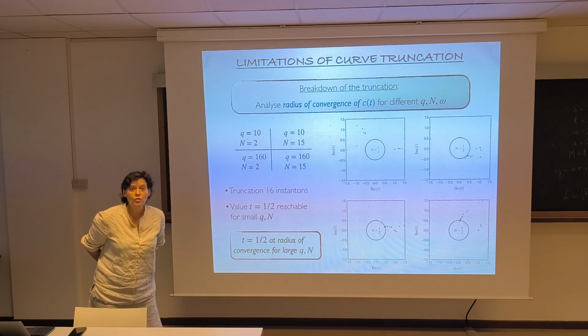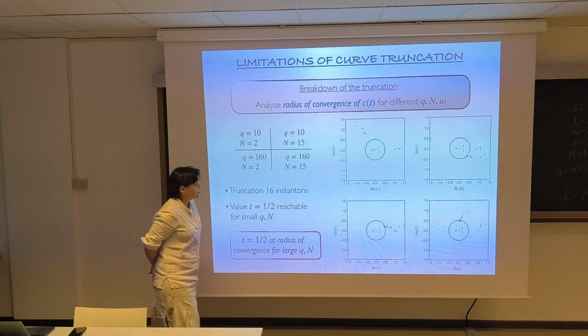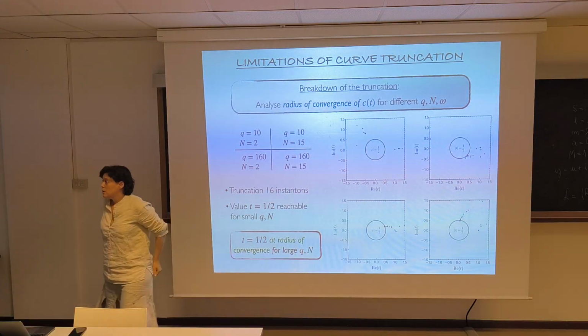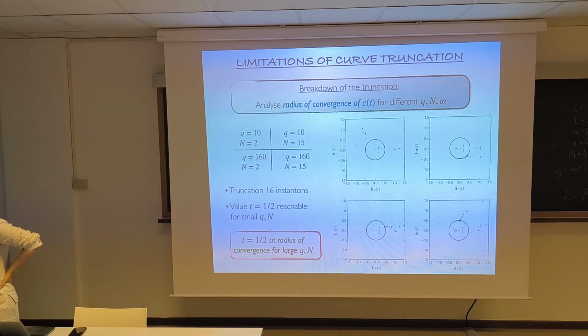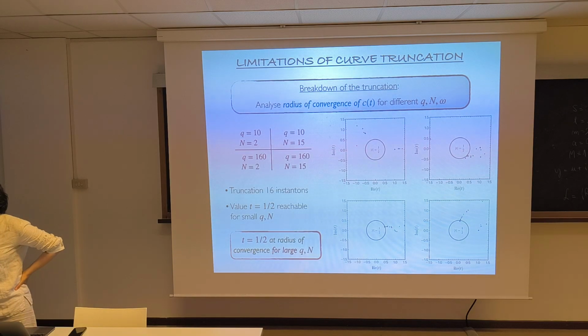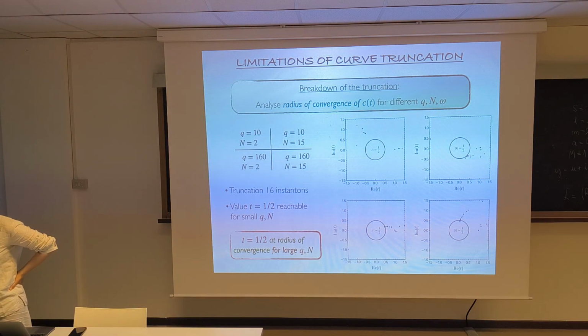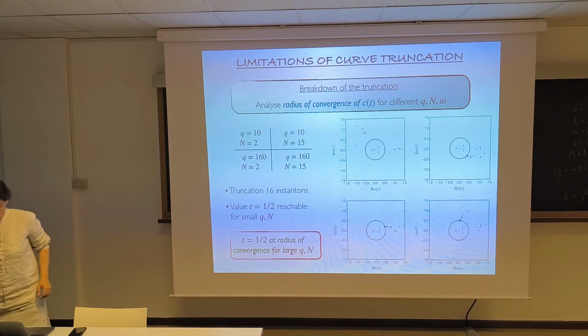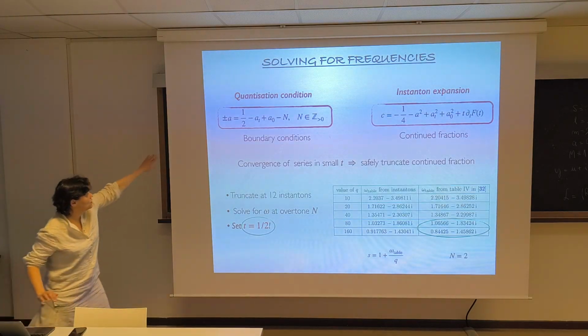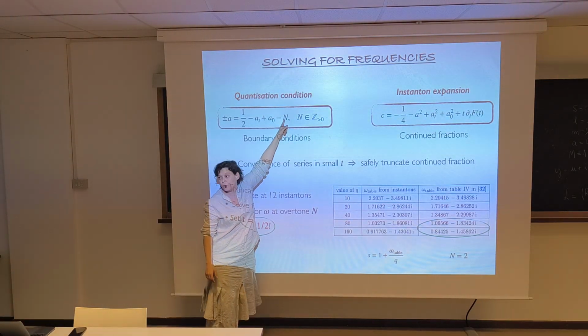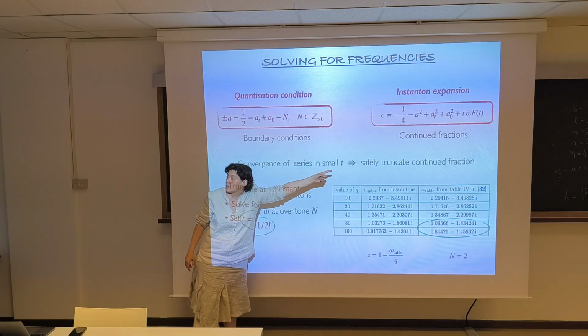Okay, overtone. Did you find that dependence on the value of n, or do you impose it as being linear? You find it as a solution. So you find omega n of t from the quantization condition. In order to solve it, you fix an n and you solve.